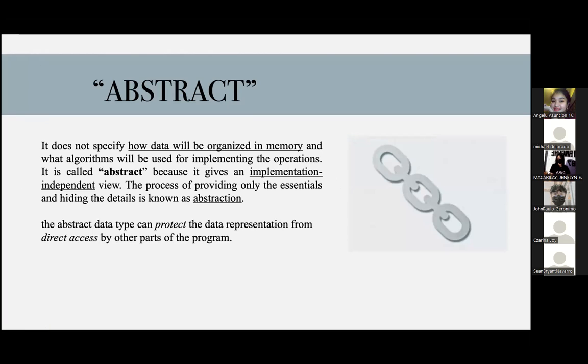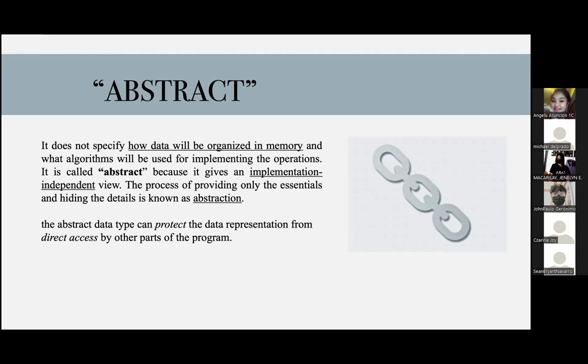So, abstract. It does not specify how data will be organized in memory and what algorithms will be used for implementing the operations. It is called abstract because it gives an implementation independent view.